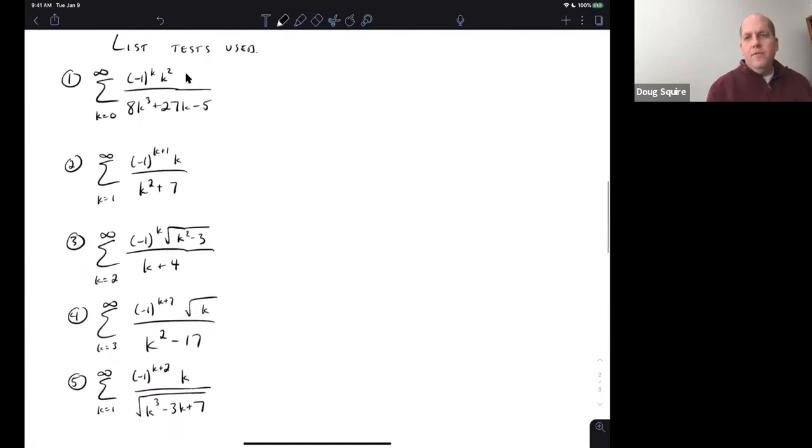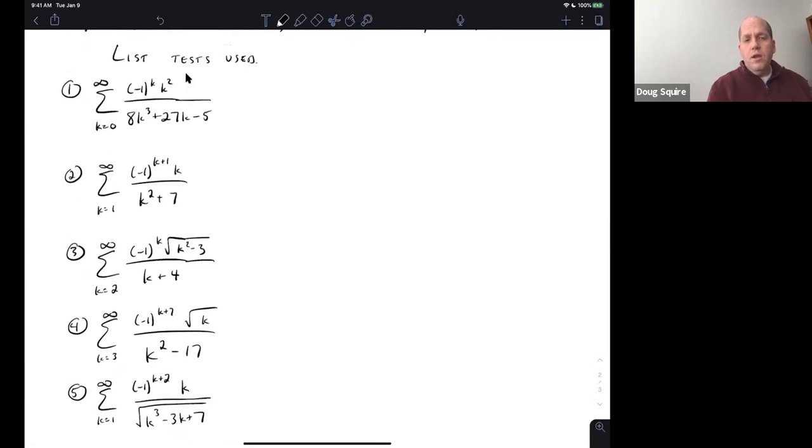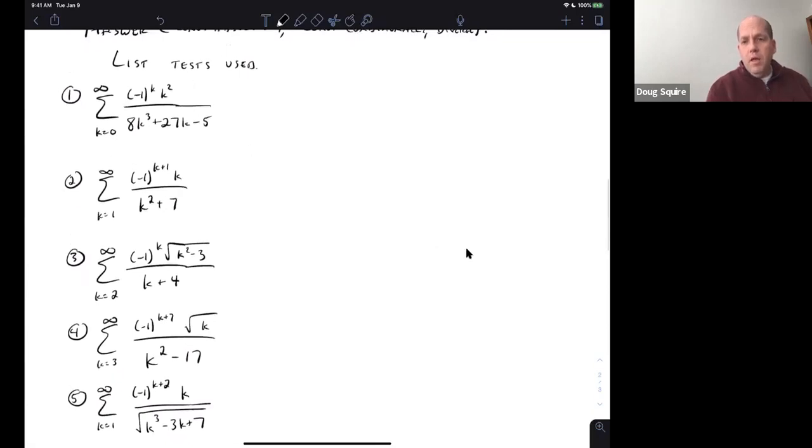Okay, let's look at a few of these. So on number one, you would take the absolute value. You would then compare to a p series or the harmonic series because you get k squared over 8k to the third.